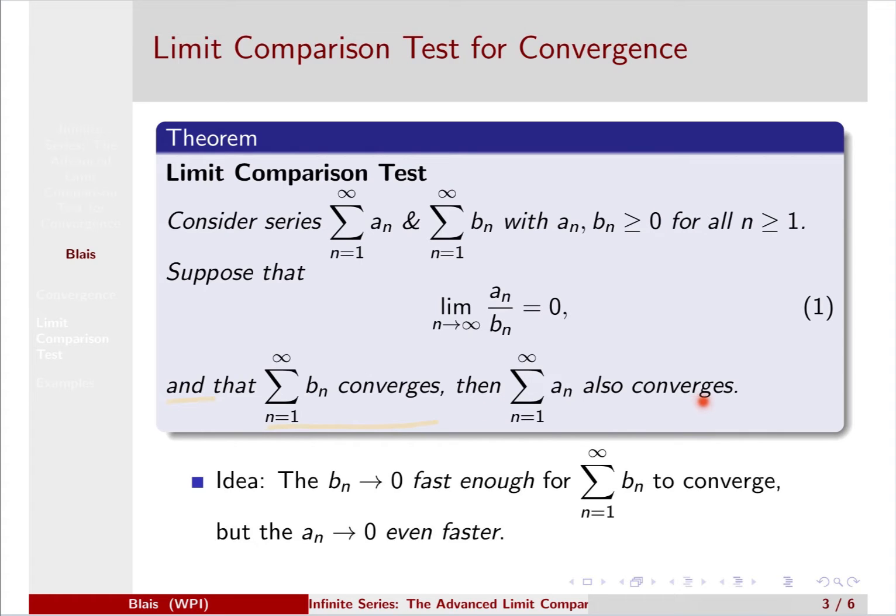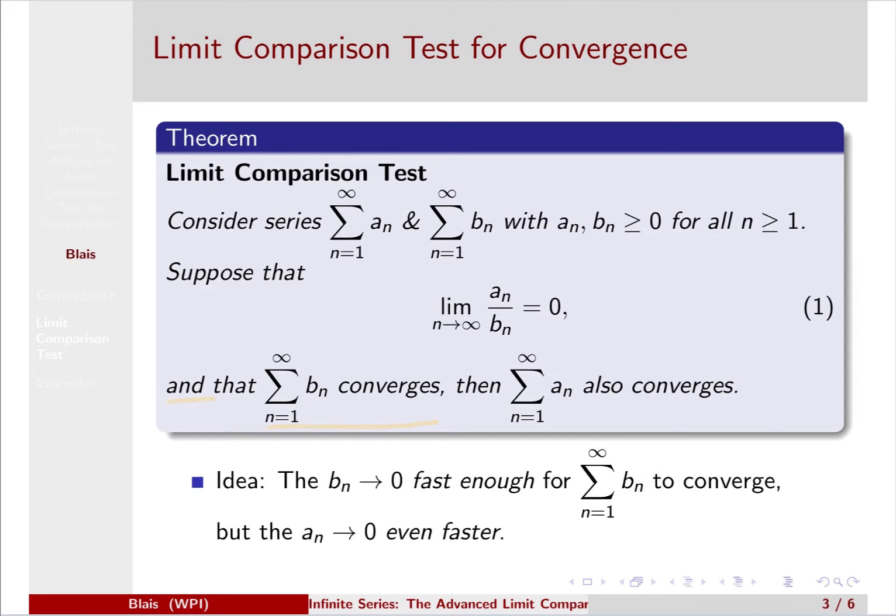Then the sum of the a sub n also converges. This is different than the regular version of the limit comparison test. In the regular version, we had this limit being a positive constant. And here we're saying if this limit of the ratio of the terms is 0 and the sum of the terms in the denominator converges, then the sum of these terms in the numerator also converges.